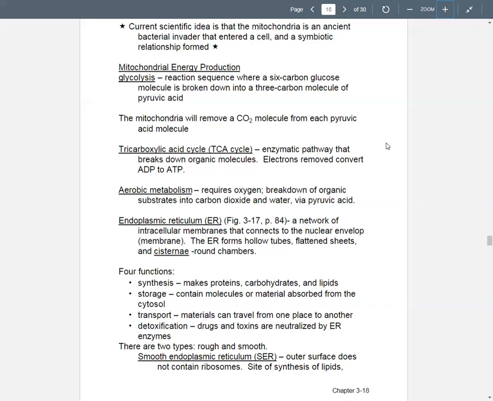So aerobic metabolism. Aerobic means requires oxygen. So think of air in aerobic, which, for us, what we really need out of the air is oxygen. Okay? Like if you do aerobics or aerobic exercise, you're doing exercise that's going to require a lot of breathing, right? So it requires oxygen.